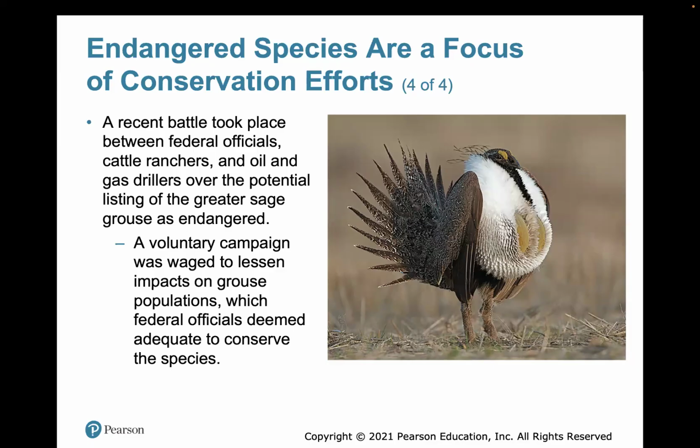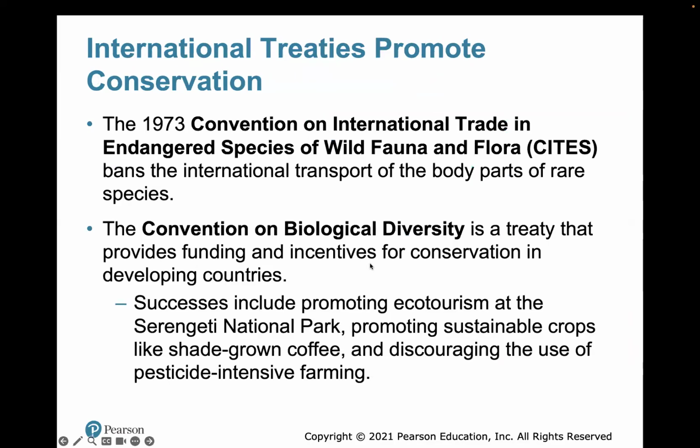As a result, federal agencies embarked on a campaign with the ranchers and the industry for energy in a lot of states. They voluntarily agreed to lessen the impacts on the sage grouse population, and the bird was not listed as an endangered species. So that's an example.